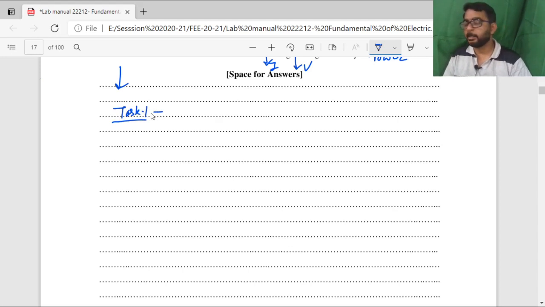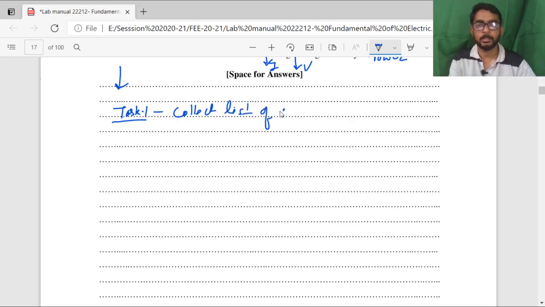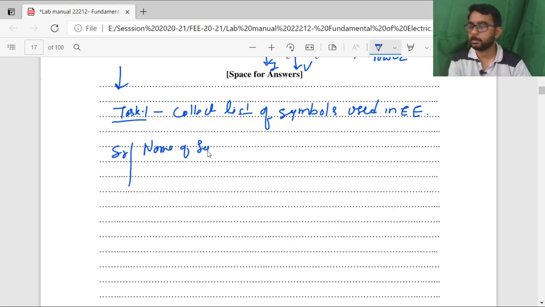They will collect the list of symbols used in electrical engineering in the following format: serial number, then the symbol, draw the symbol here, and third, its name and its application.